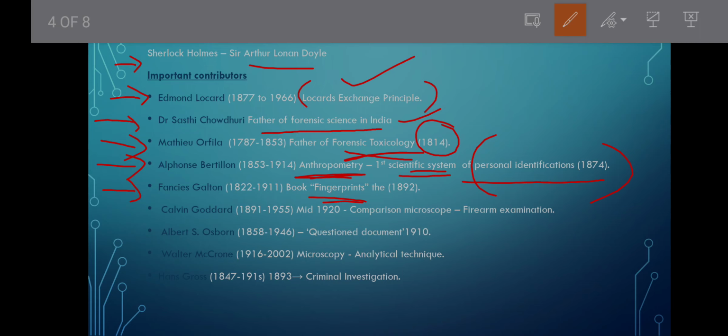This was based on the work collected by Sir William J. Herschel, who was also a pioneer in the fingerprint section. Herschel made a building supplier place his handprints on the back of the contract to avoid it being spoiled.